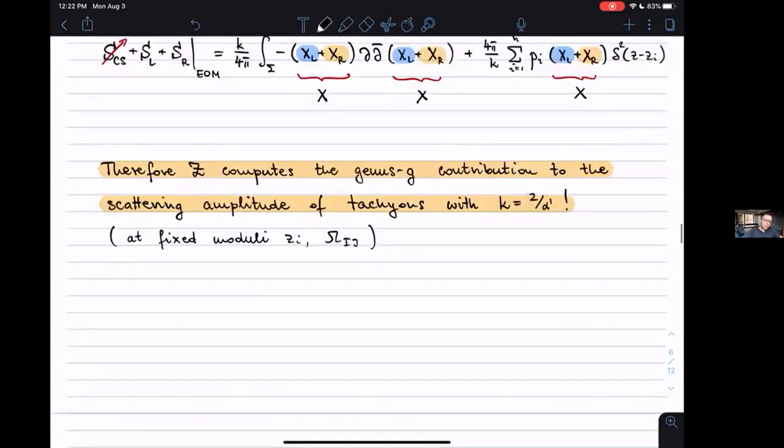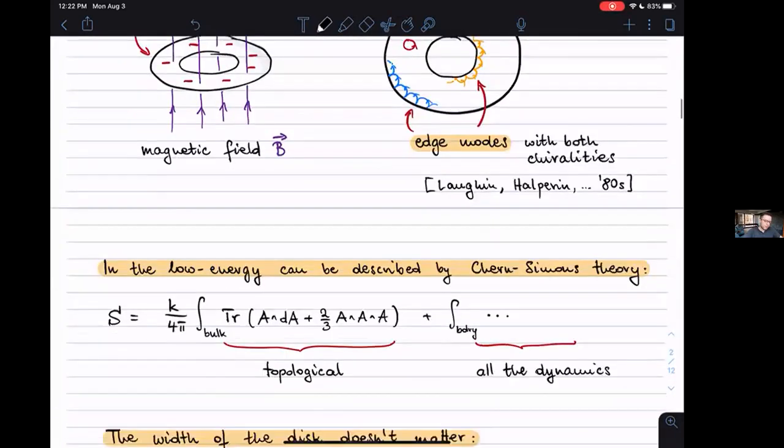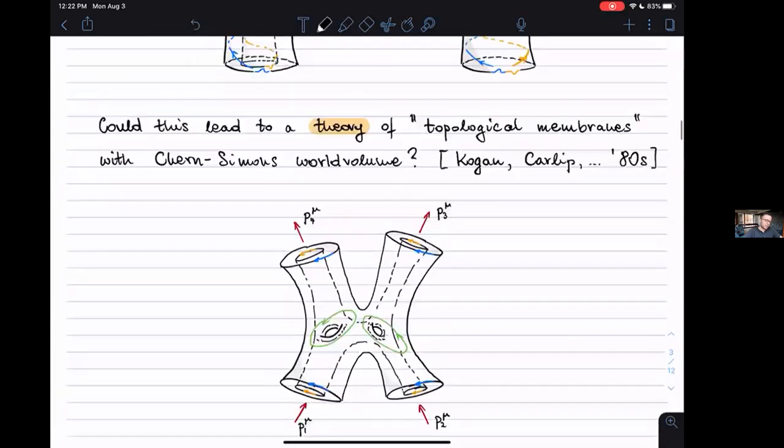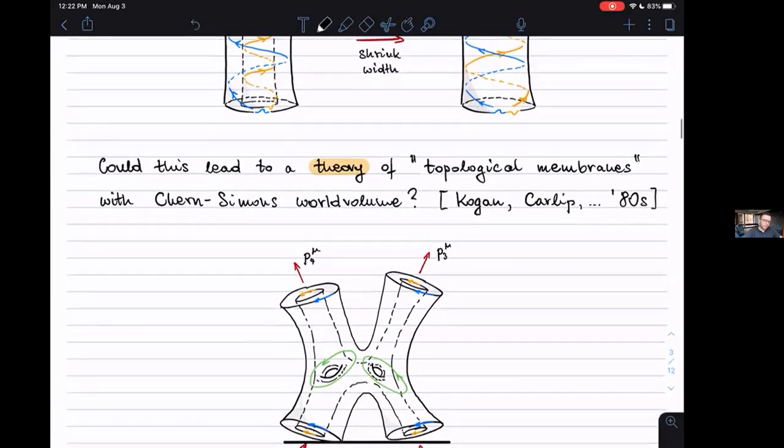You might be referring to what, at least partially, I took as a motivation, which was this theory of Kogan and Carlip.